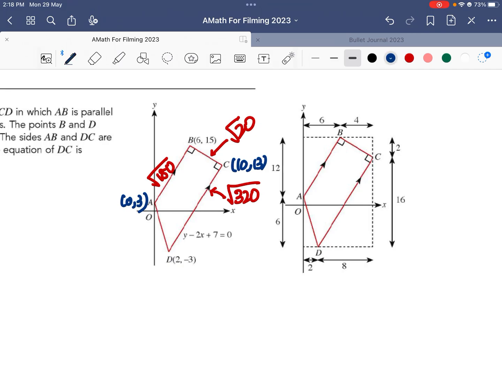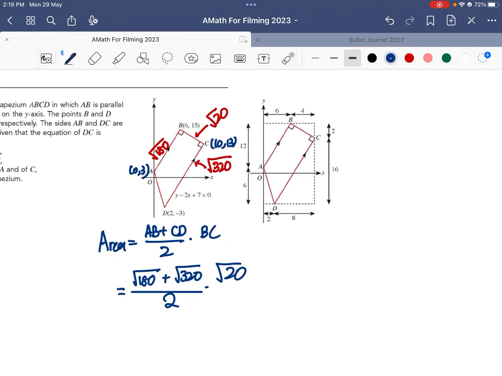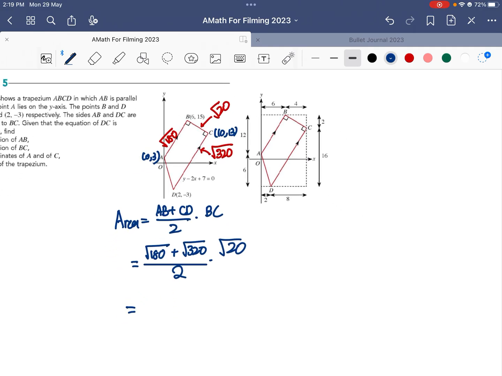So if I were to find the area in this case, the area is equals to the length of AB plus the length of CD divided by 2 times the length of BC. A plus B over 2 times height. So AB is square root of 180 plus CD is root of 320, divided by 2, times the height, which is square root of 20.